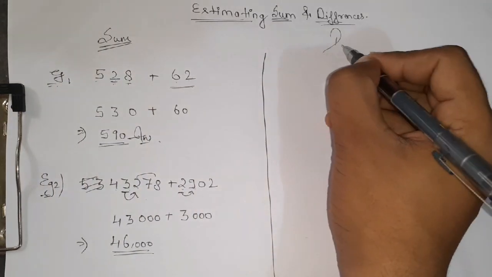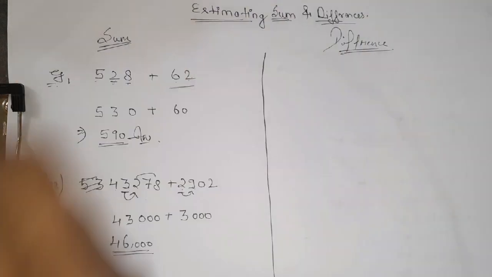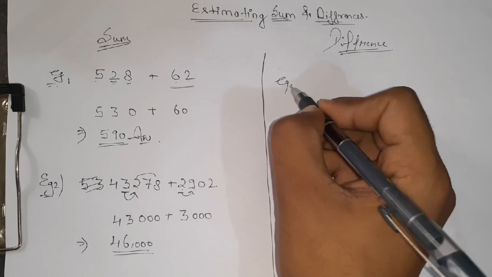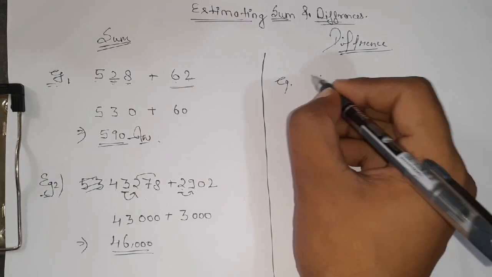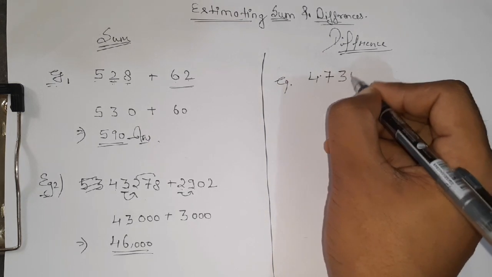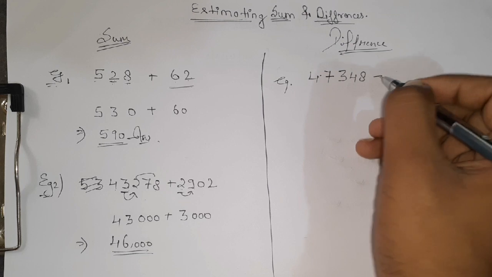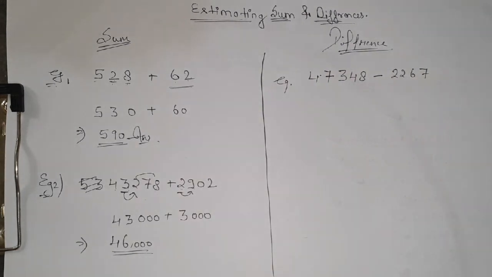And how can you find the difference? Let's take an example: 47348 minus 2267. What I told you is to look at the smaller number.